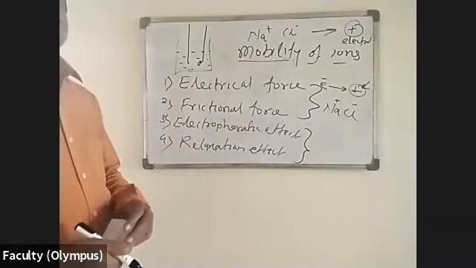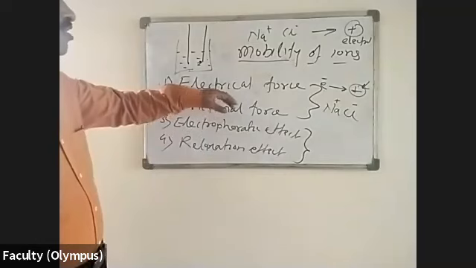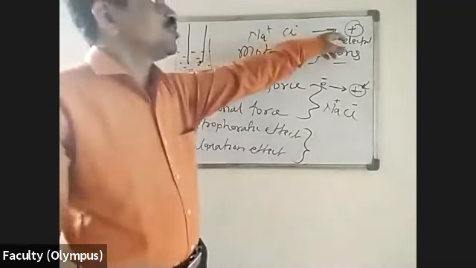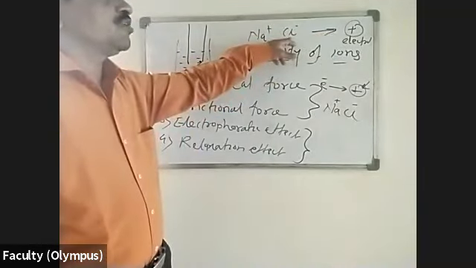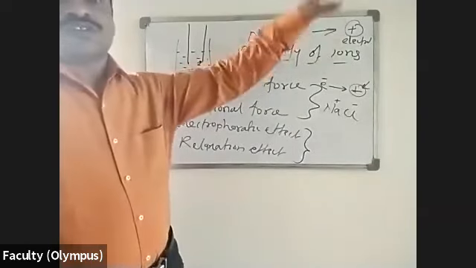Now during this motion, just now we have seen the electrical force, this positive electrode attracts the negative chloride ions towards itself.